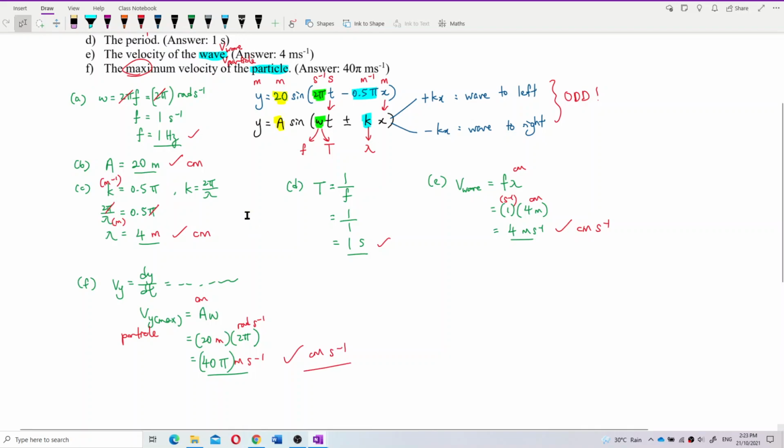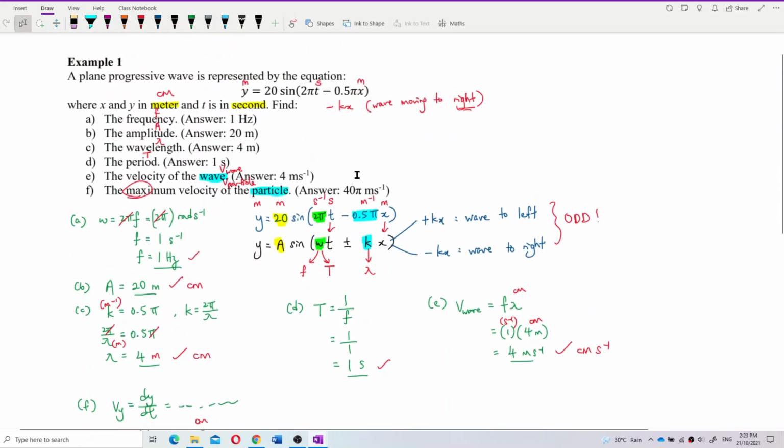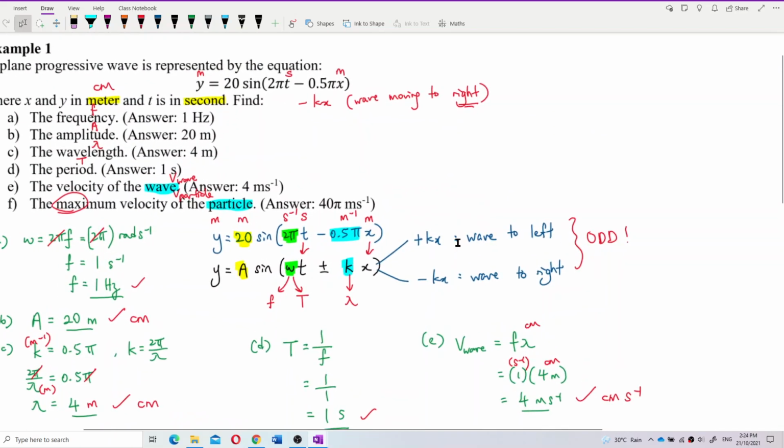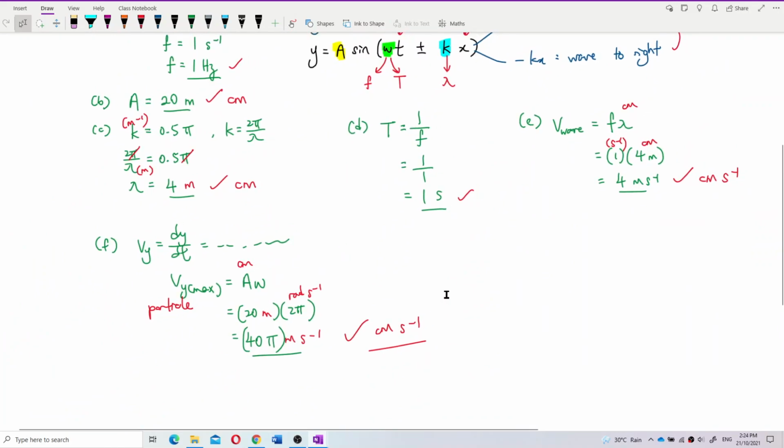You see that? All becomes centimeter. So you must always pay attention to the unit.